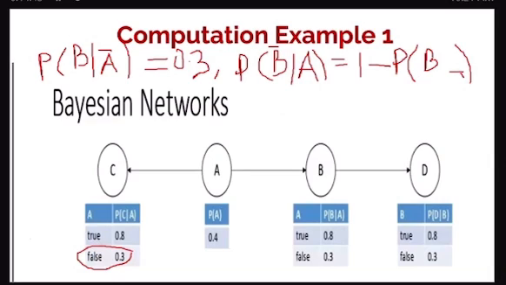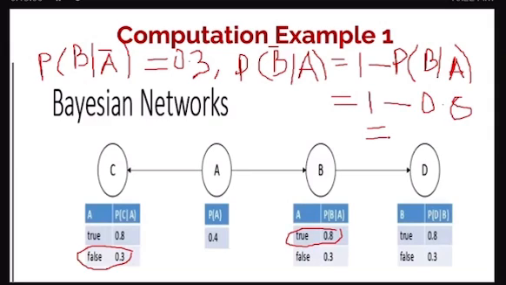In the network, that is going to be 1 minus the probability of B given A. Do you see that? The probability of B given A is 0.8, that is when A is true. What is 1 minus 0.8? So what is the answer?